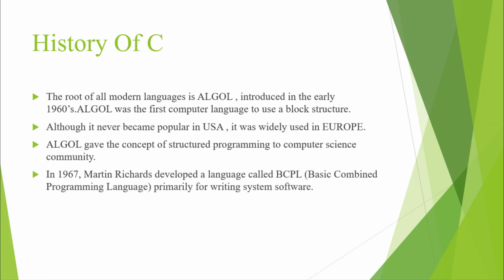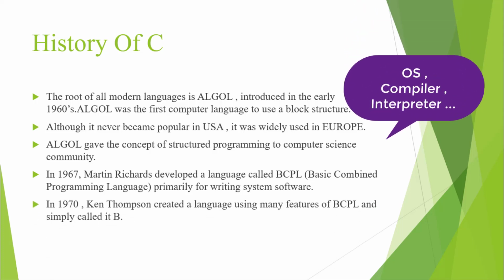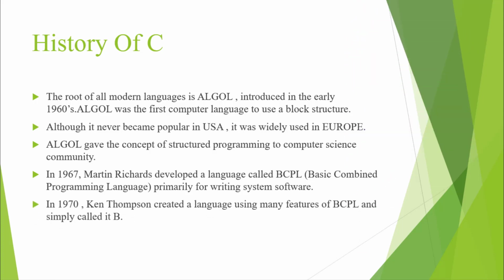In 1967, Martin Richards developed a language called BCPL, primarily for writing system software. Now system software simply means you are writing a compiler, interpreter, OS and all that stuff. In 1970, Ken Thompson created a language using many features of BCPL and simply called it B language.